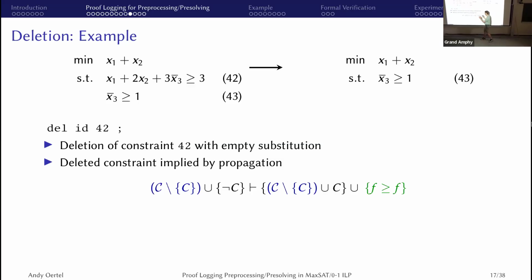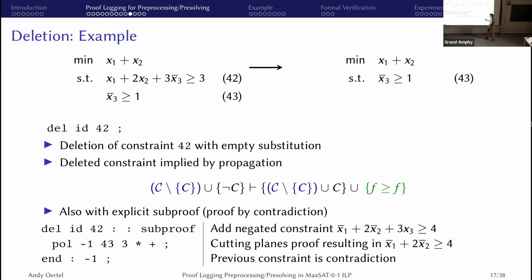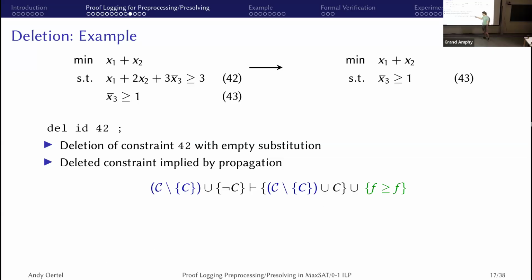The substitution is empty, so this is exactly syntactically the same. And for the objective condition, the left-hand side and the right-hand side of the inequality are the same. It's only for the deleted constraint that we have a condition, and we basically have to show that we can derive this constraint.